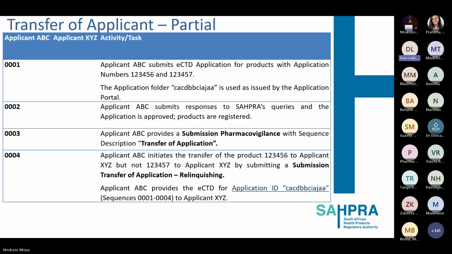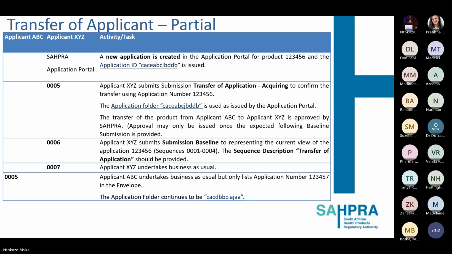Then applicant ABC, who is the relinquishing applicant, would submit under the application ID CA at the end AA, and you would be giving the entire sequence 0001 to 0004 to applicant XYZ. Next slide, thank you.